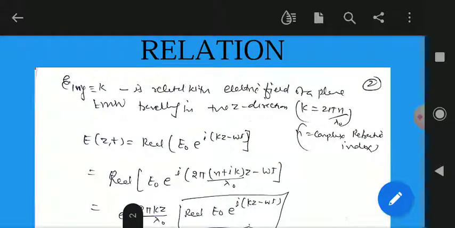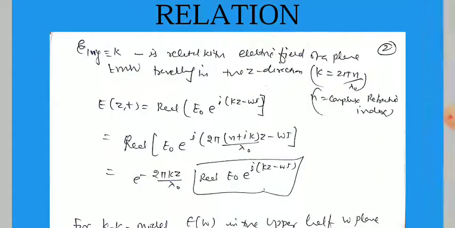Then we can say epsilon imaginary is related with the electric field of the plane electromagnetic wave traveling along the z axis. So k equal to 2 pi n by lambda 0, where n is the complex refractive index. So E(z,t), the electric field at distance z at time t, is the real part of E0 e raised to power iota (kz minus omega t), just like we use cos theta.